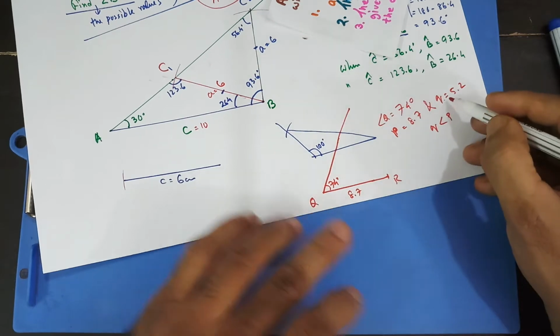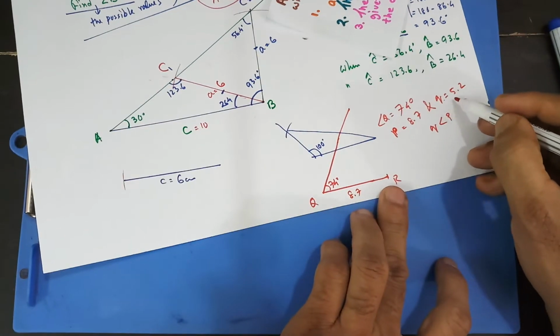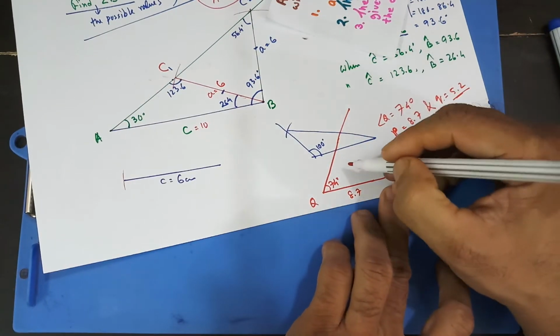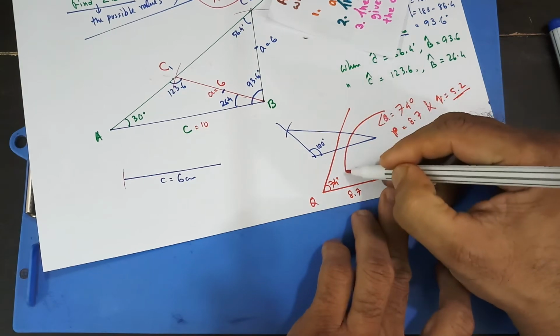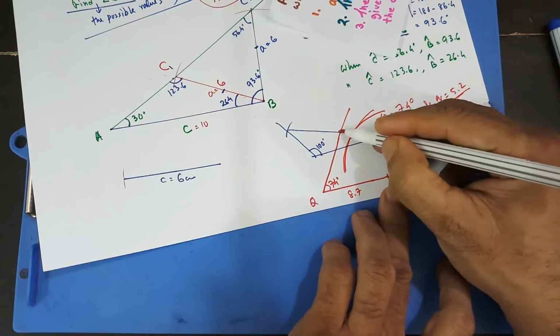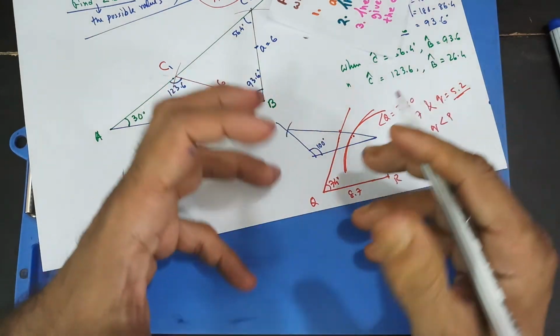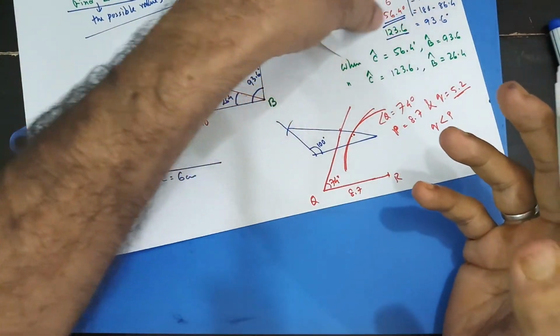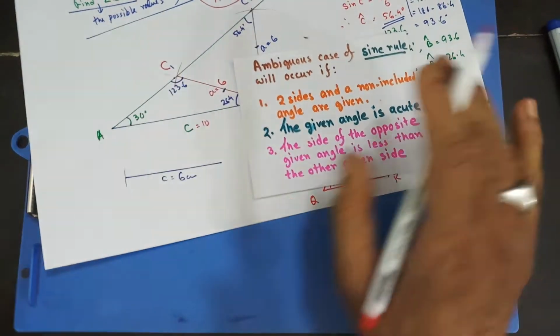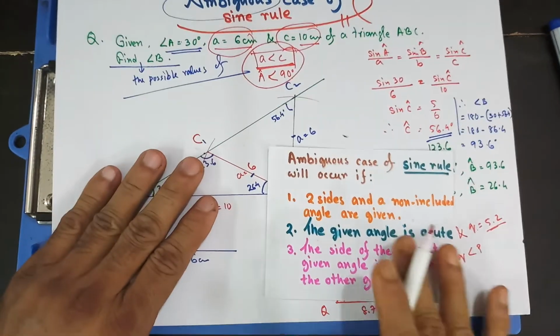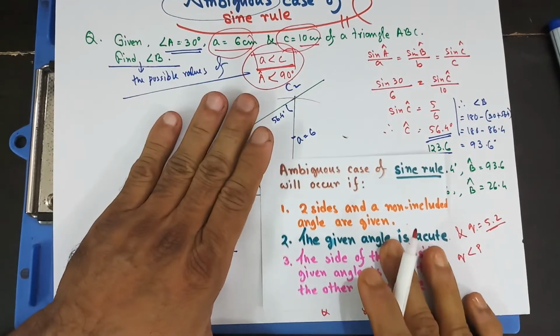When you take that q, that's 5.2, from here, if you draw 5.2, see that it's going to be something like that. It's not going to intersect with this line, so you are not going to have a triangle. I hope you understand this ambiguous case of the sine rule and why this would happen.